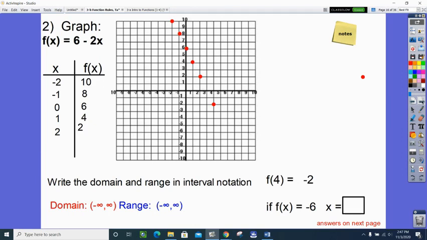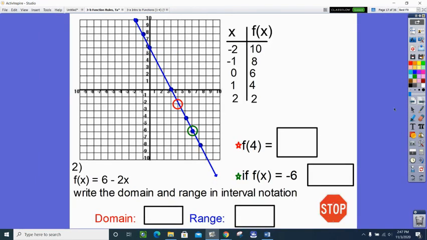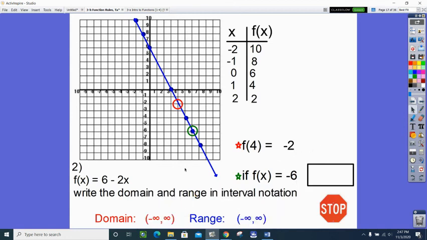Or sometimes you can simply look at the graph. So here I'm going to actually show you on the graph. Let me just get back to where we were here. So if it's on the graph, you go to the y of -6 and say, what x gave me that? And your answer would be 6. So the point here is (6, -6). And that's kind of how we start just talking about graphing function rules.